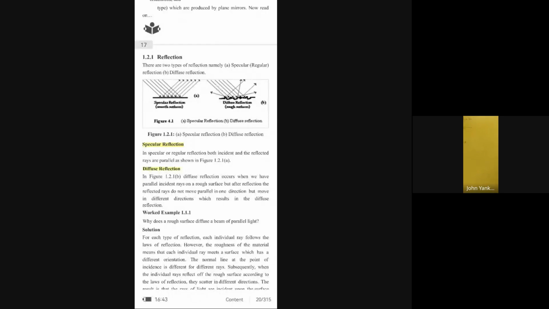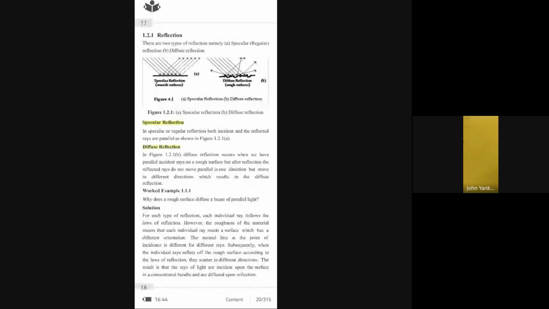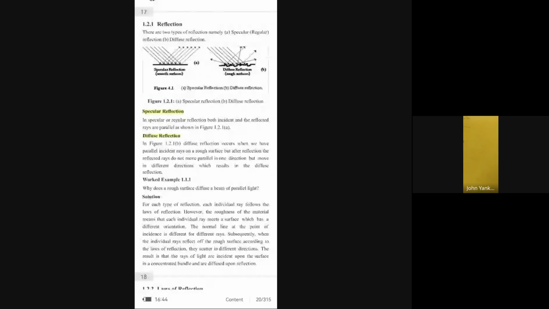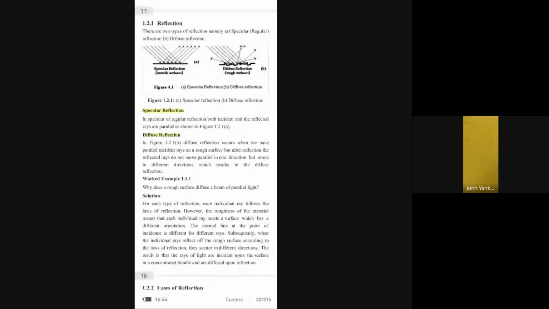So we have two types of reflections: regular or specular reflection that produces the clear image in a mirror, and diffuse or irregular reflection like the one that occurs on a white sheet of paper, which does not produce an image.